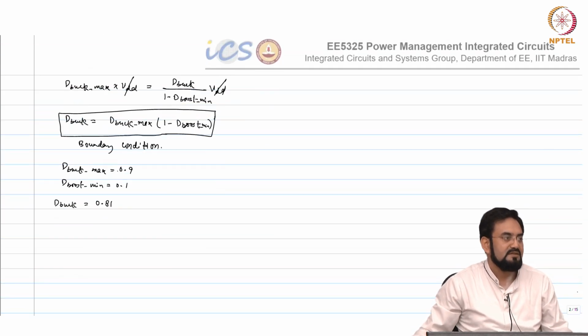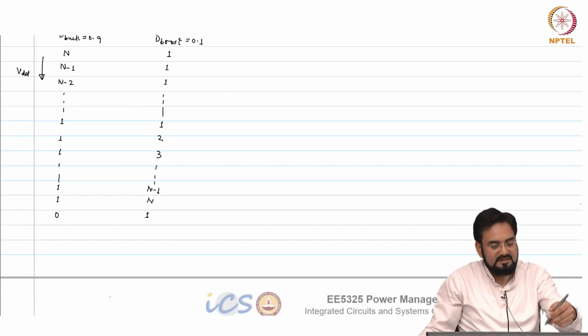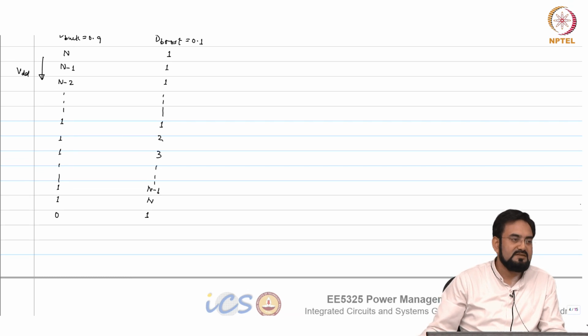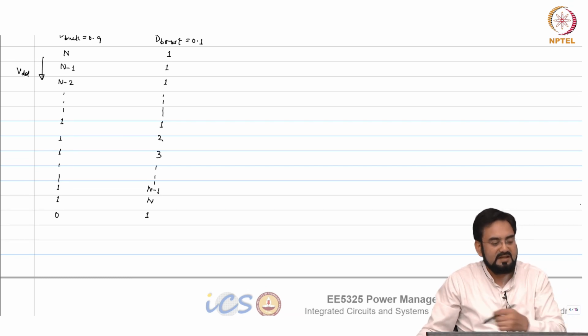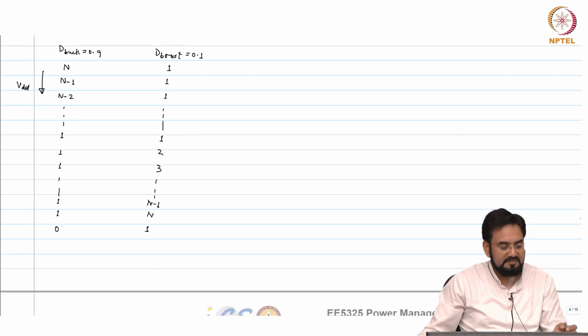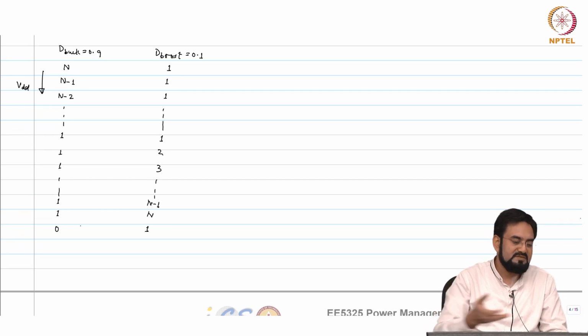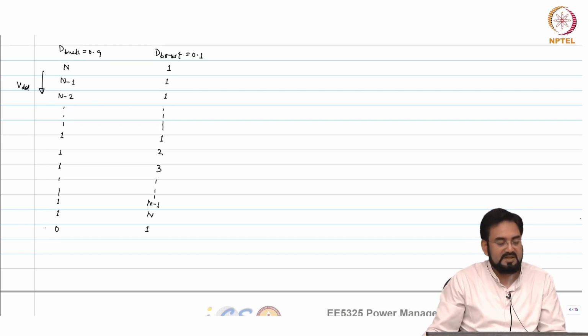cycle at 0.9. But if you do this digitally, then it will automatically take care of that. You are just dithering between, and here your count will become 1 for this, and at that time you force your buck to 100%, which means you are forcing a 0 cycle of the other switch, so the other switch will not operate.